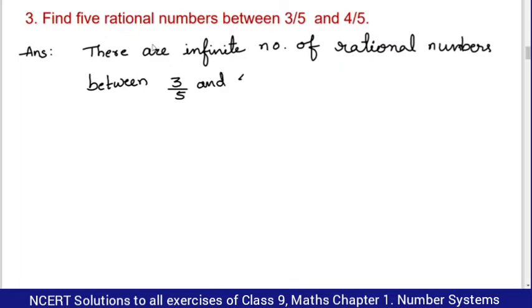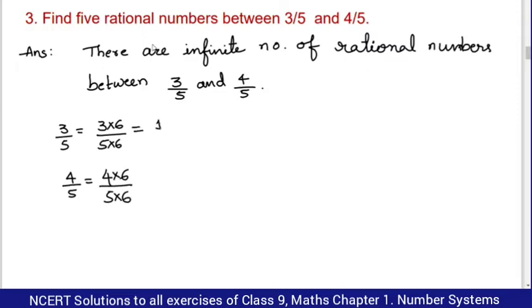So this 3 by 5 and 4 by 5 can be represented as 3 by 5 is equal to 3 into 6 by 5 into 6, and 4 by 5 can be represented as 4 into 6 by 5 into 6.